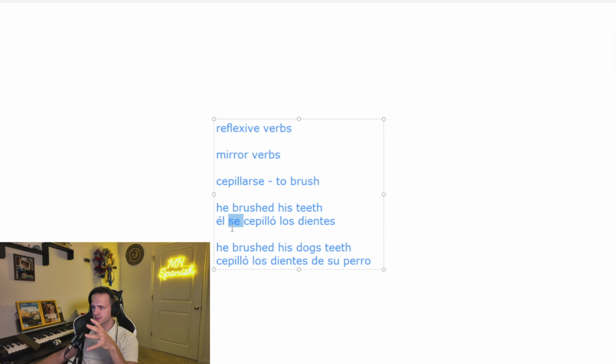And if you notice, the word se is no longer in this sentence because it doesn't apply anymore. This is no longer reflexive, because he's doing the action of brushing to someone else. In this case, he's doing it to his dog and not himself anymore.